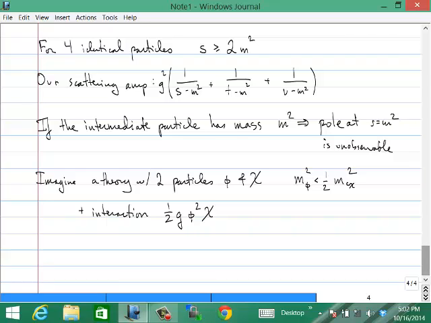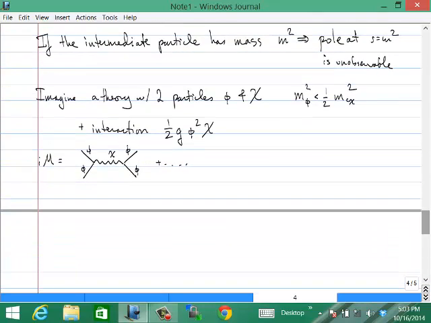Then that means that you would have, let's say you were studying phi to phi scattering, you would have some process like this, where you have phi's that combine to make a chi that then decays into 2 phi's, plus all the various other channel diagrams.